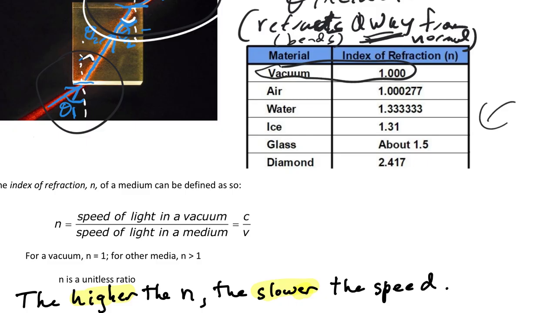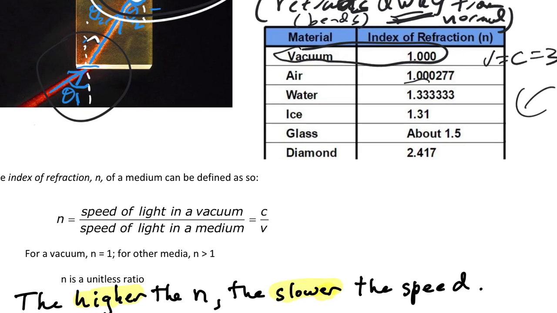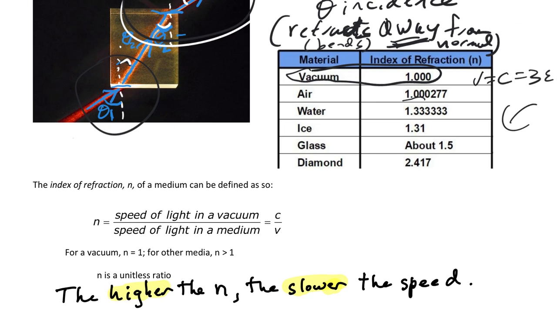So in a vacuum, the speed of light is 3 times 10 to the 8 meters per second. It really doesn't slow it down. Air is almost the same. Air is almost like a vacuum unless you have a whole bunch of layers of air, like in our sky.